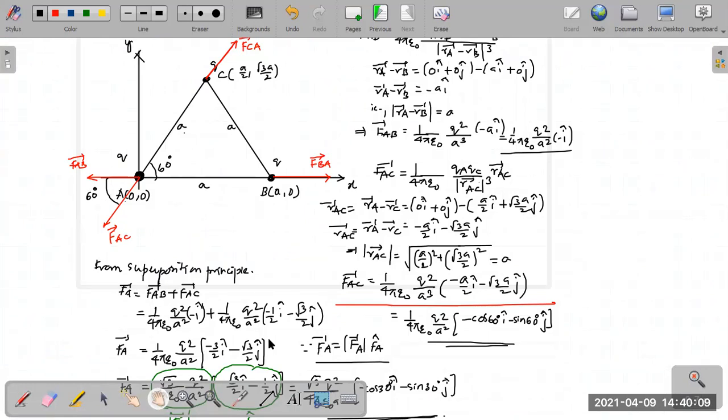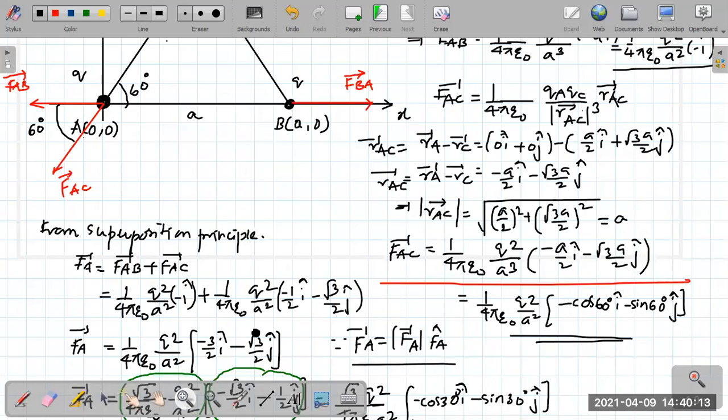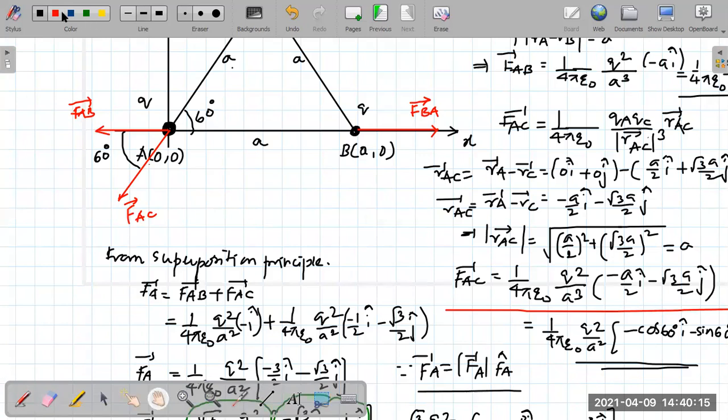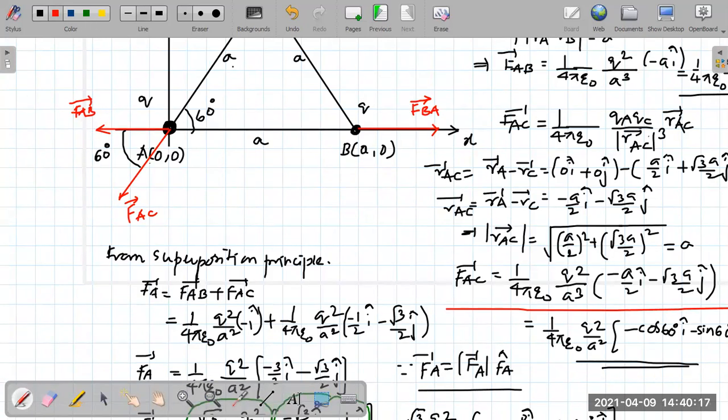Yes. Now, if you want to calculate the resultant in the given case, the resultant is nothing but the vector sum of these two forces. Simply the vector sum of these two forces. In the given case, how do you write it? So this must give us the resultant. So the resultant in the given case will be this one.